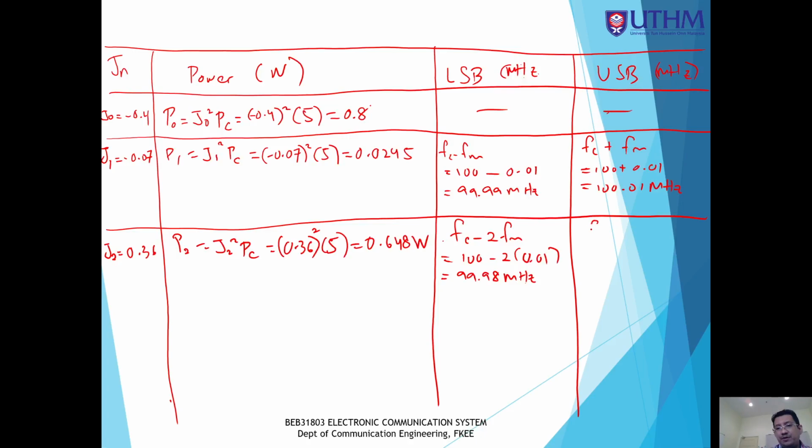What about the upper frequency, Fc plus 2Fm, which is 100 plus 2 times 0.01, 2 times 10 kilo? So you get 100.04 megahertz.